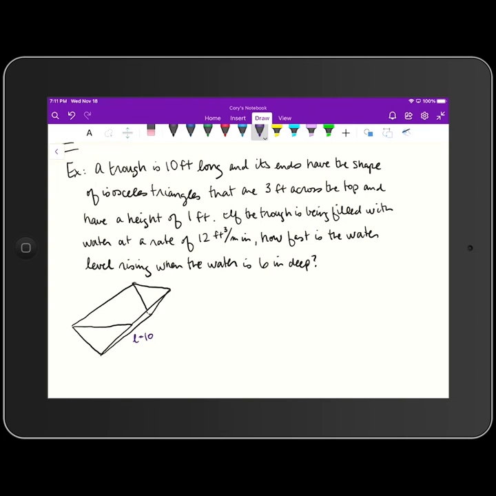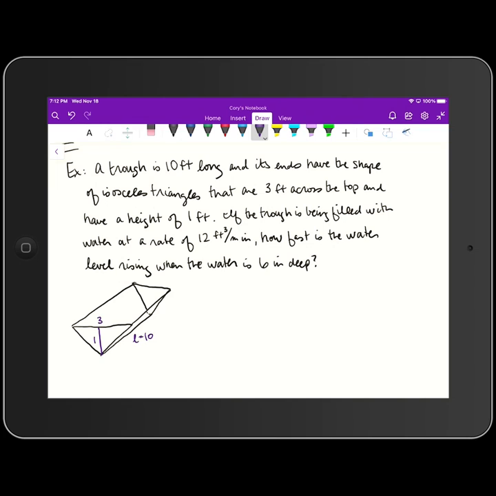And then we're told that the bases are isosceles triangles that are 3 feet across the top, so that distance is going to be 3, and has a height of 1 foot, so that's going to be 1 for the height.